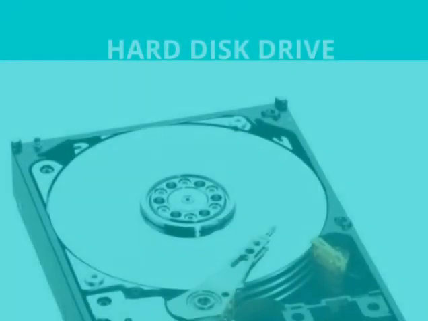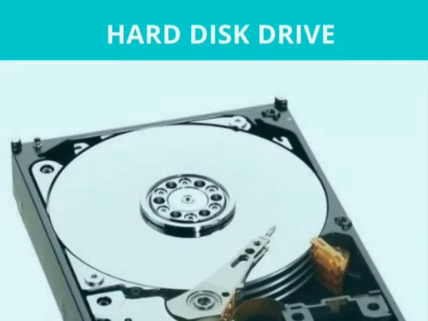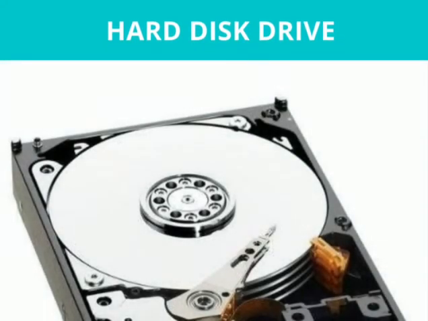Also, we have the hard disk drive. The hard disk drive consists of one or more magnetic disks contained in a box. They are used as a storage medium in the PC where you store programs and other digital data. The hard disk is the permanent storage area of a computer.